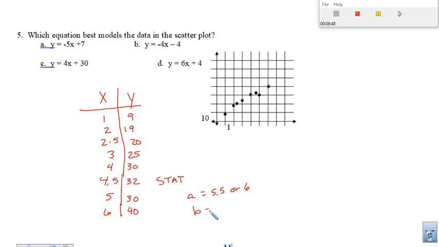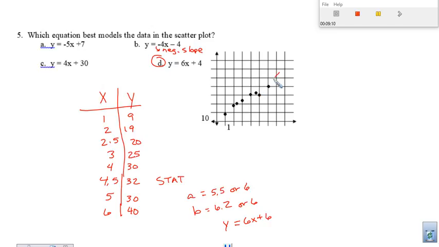And my B was going to be right at about 6.2, or I would call it 6. So the equation of my line would be close to 6x plus 6. And the closest one up here to that is our D. It can't be B because that's a negative slope.